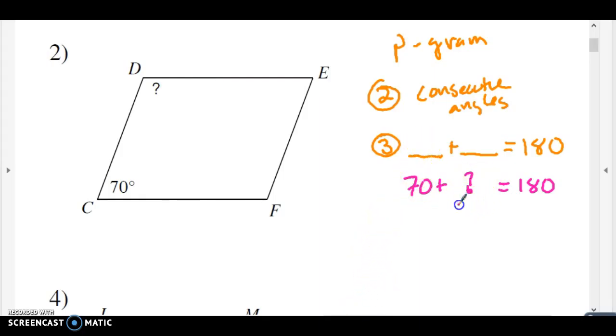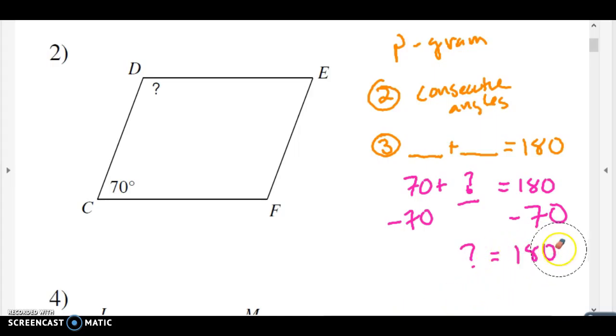If I'm trying to figure out what question mark is by itself, I need to get it all alone. So we'll subtract 70 from both sides, and we get question mark equals 180. Or sorry, question mark equals 110. Sorry about that. Question mark equals 110 degrees. Any questions on that one?